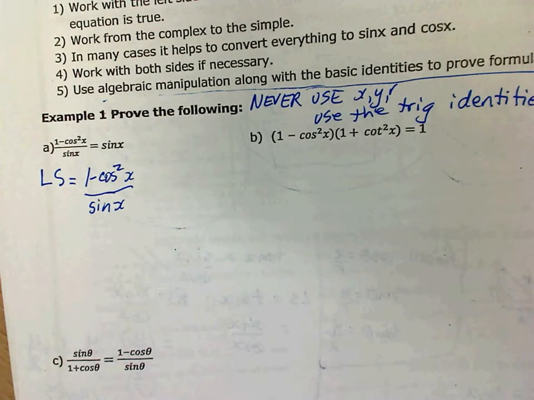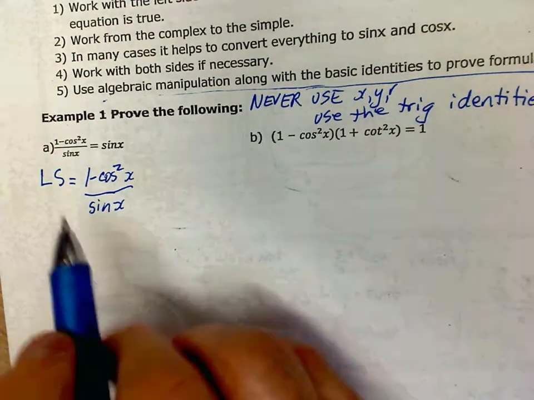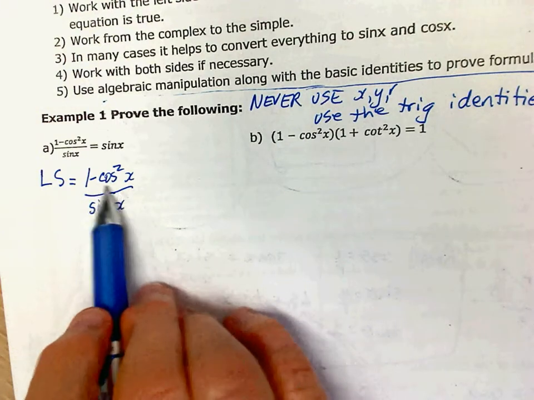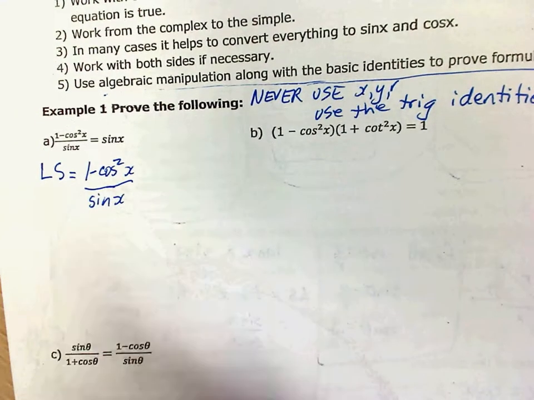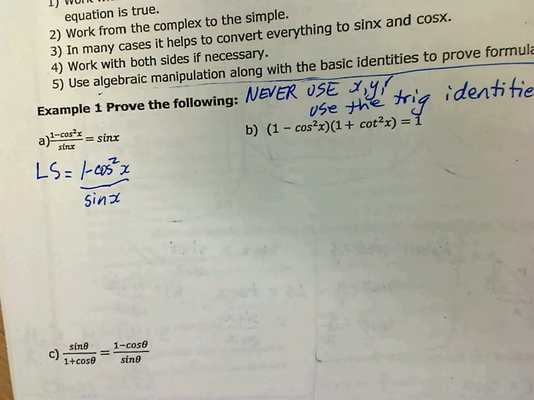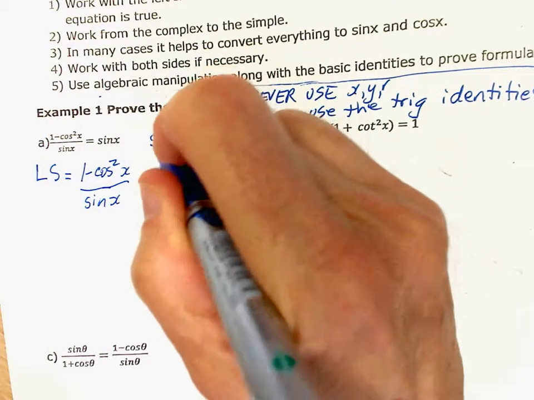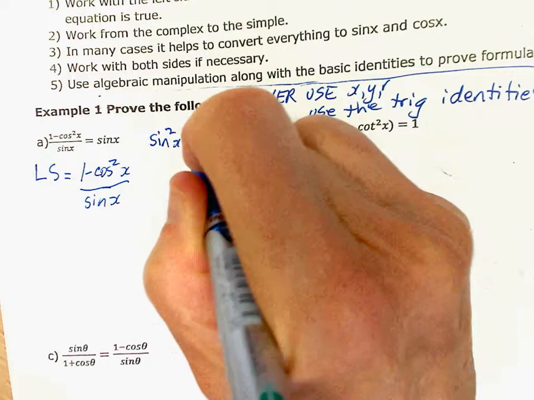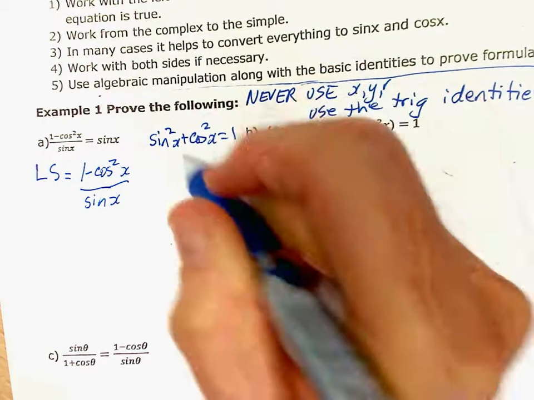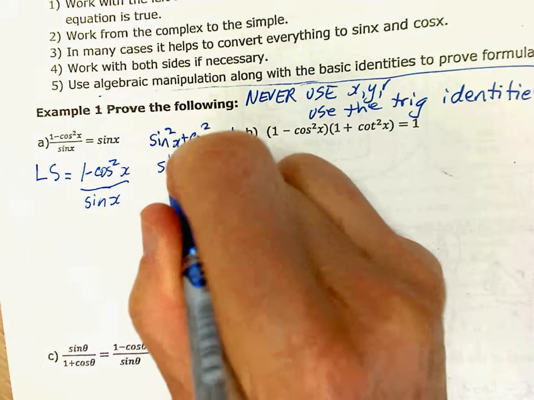What identity would you go to, to simplify this expression? Sine squared x. 1 minus cosine squared x equals sine squared x. Out of the Pythagorean identity, sine squared x equals 1 minus cosine squared x.